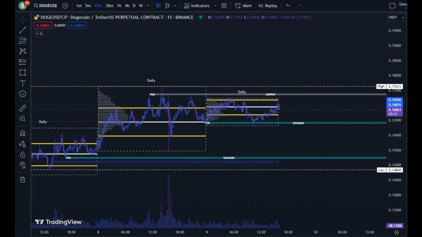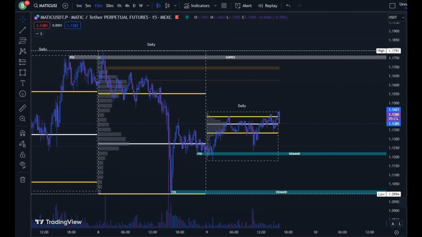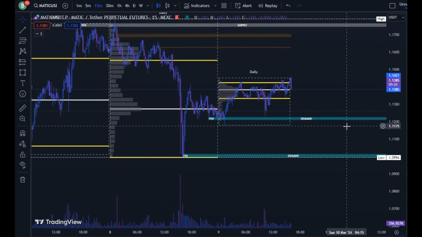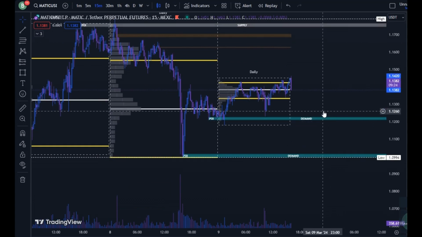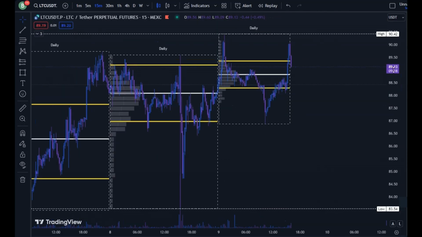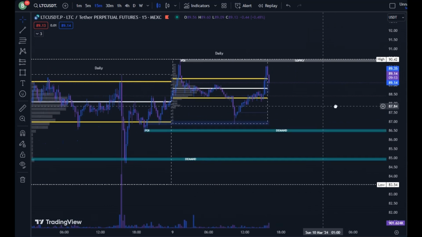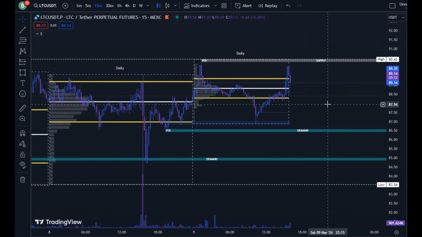Let's see any other coins. Let's see what we've got here. Right. Matic. Not really. Litecoin. Litecoin, not a bad one.